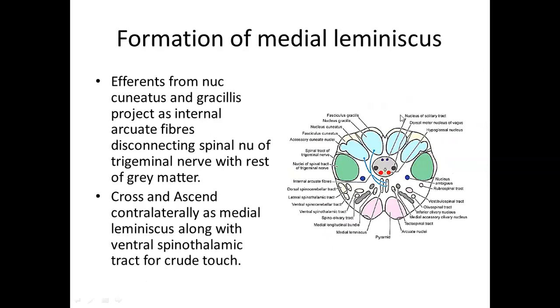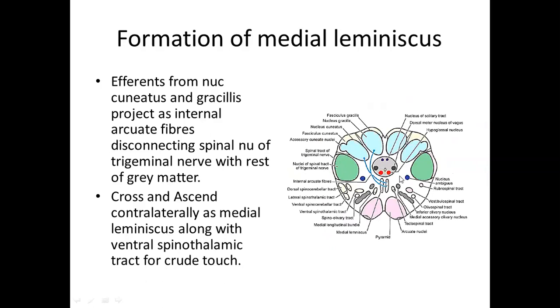So firstly, apart from the accessory cuneate nucleus, we'll discuss how the medial lemniscus is formed. Now the efferents from the nucleus cuneatus and the gracilis will project as internal arcuate fibers and disconnect this spinal nucleus from the rest of the central gray matter.